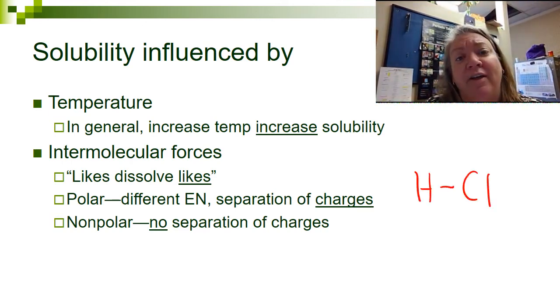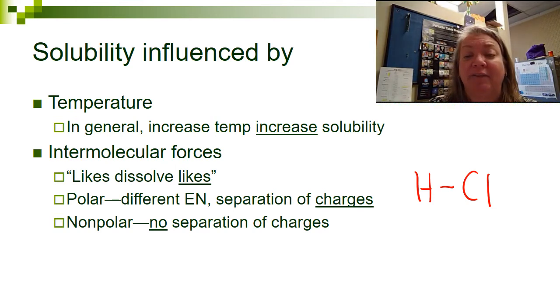So HCl is a molecular compound. It's got a covalent bond in there. They're sharing electrons. So it's not like ionic. Ionic, they actually transfer electrons and there's a complete separation. Here, they're still sharing electrons, but it turns out that that chlorine likes the electrons a heck of a lot more than the hydrogen does.